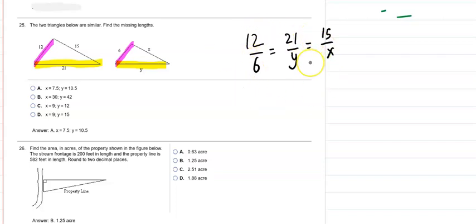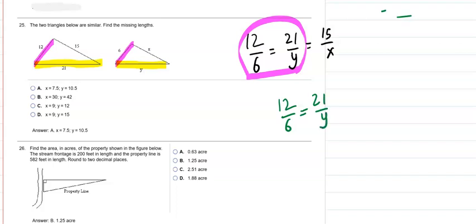So I have to use the first two to find the y. Okay, so let me write these two fractions. 12 divided by 6 equals 21 divided by y. I use these two fractions as an equation to find the y.